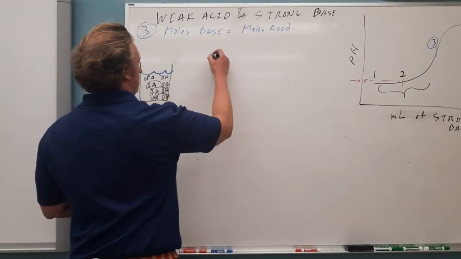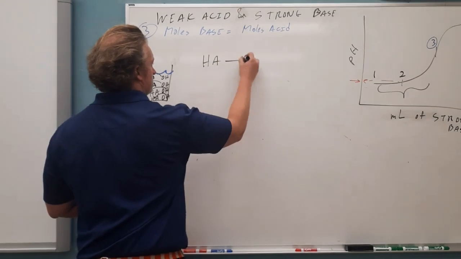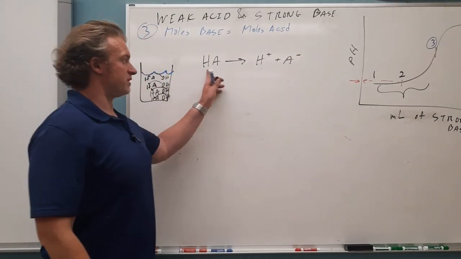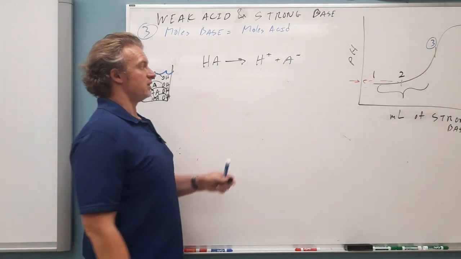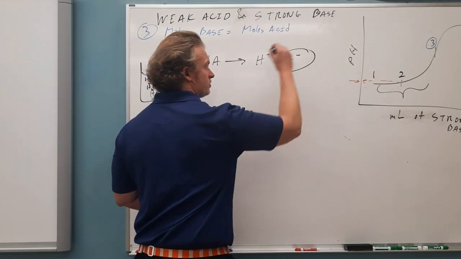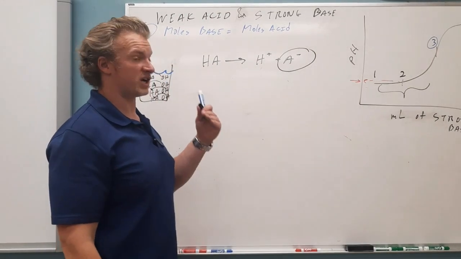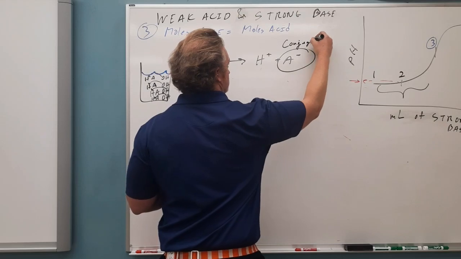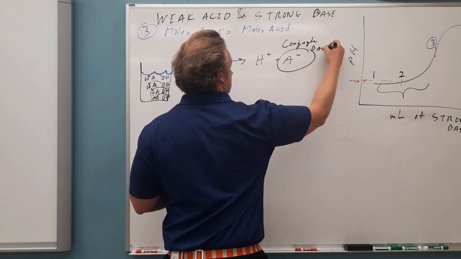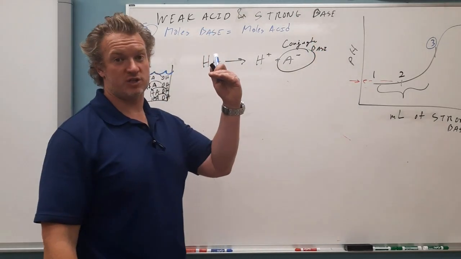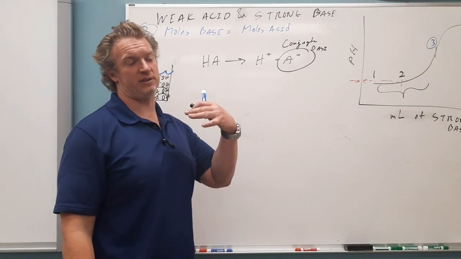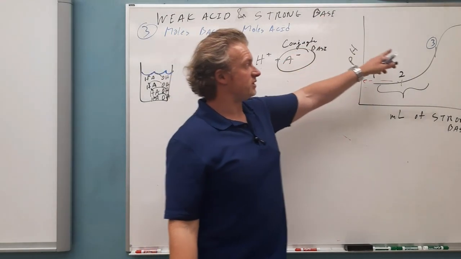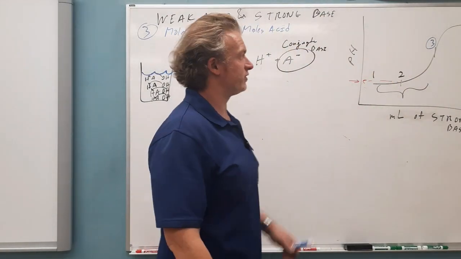When all of the weak acid does this job here, that means that every single one of those molecules is being converted into the conjugate base. Conjugate bases increase pH by stealing protons. So in a weak acid strong base titration, this equivalence point is a pH greater than 7.